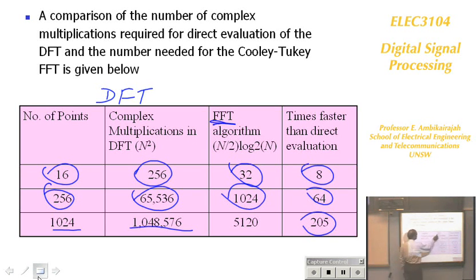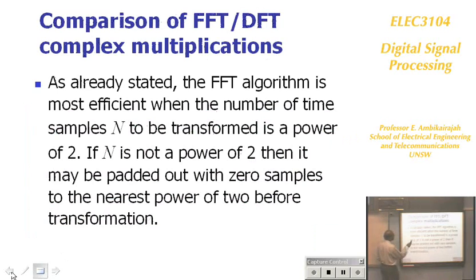They use the FFT algorithm, which is a lot faster. How the FFT algorithm works, you should learn in the next course, the 4th year course. So if you go back to your program, all it says is that if you keep your data as a power of 2, then you will be able to use the FFT, which will be more efficient.